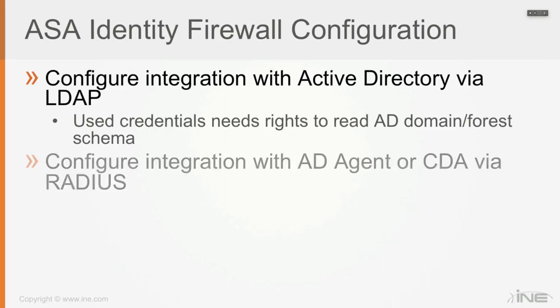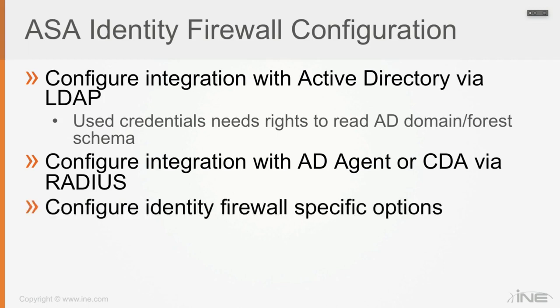Then we have to configure the integration with the AD agent or CDA via RADIUS. We know this is required for the ASA to retrieve the user to IP mappings. This is just a regular RADIUS integration via a pre-shared key, so no special credentials are required in there.